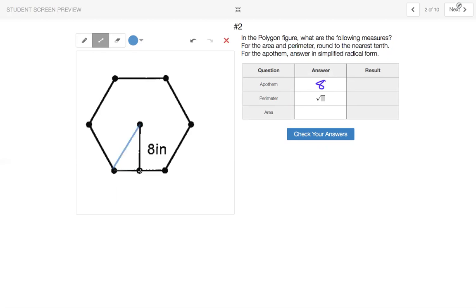I'll focus on this blue triangle on the left. I'm gonna redraw it here. All right, so we know that that is 8. In order to find the perimeter, okay, we need to solve for this length right here. Now, this is a hexagon.